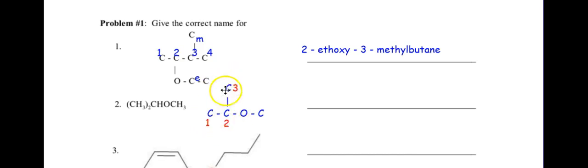This is not a branch. This carbon right here is not a branch. This is part of the longest chain. So you have a propane going. So you have a 2-methoxy propane. Okay, again, this is part of my longest chain. So it becomes 2-methoxypropane.